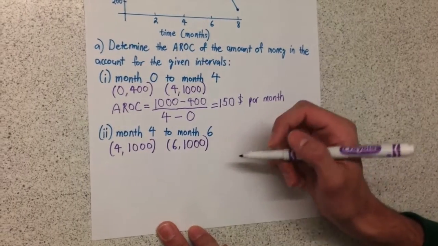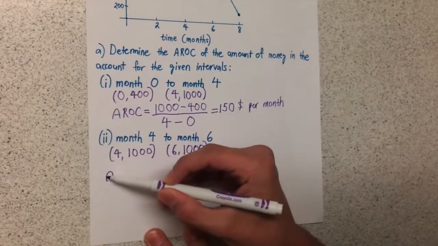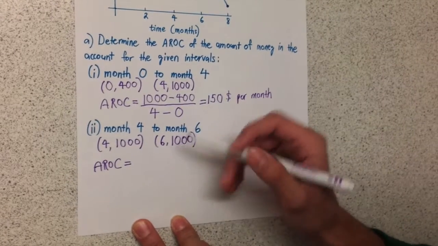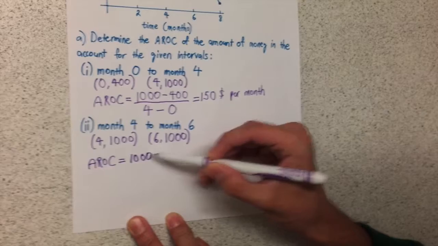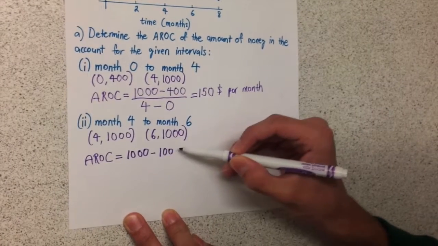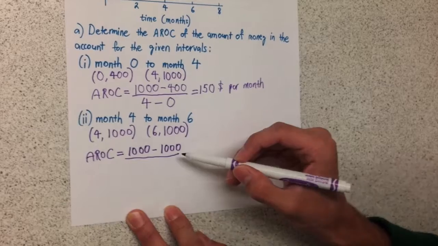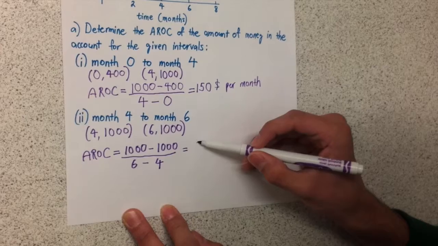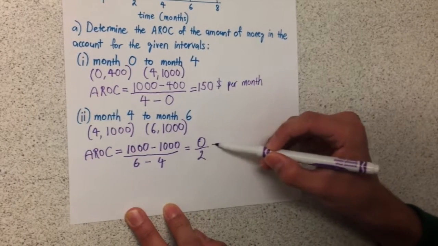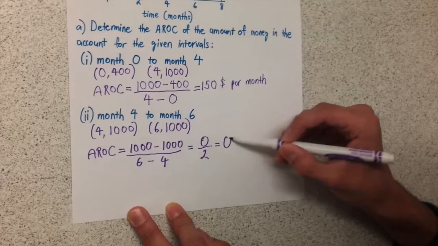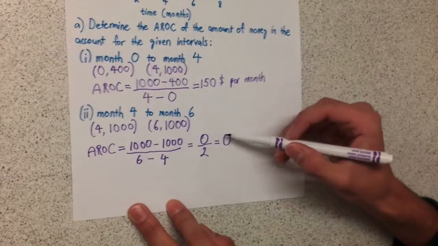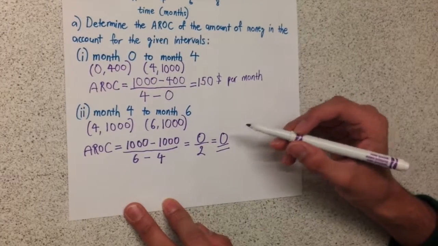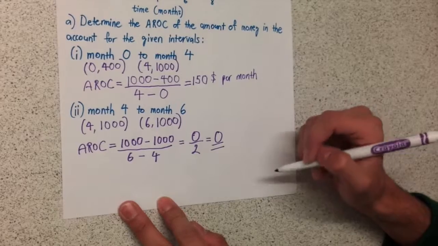Now we just have to use the equation for AROC, like before, which is equal to 1,000 minus 1,000 divided by 6 minus 4. 1,000 minus 1,000 is 0, 6 minus 4 is 2. So it is 0. Since the AROC is 0, no change occurs, so the amount of money remains the same in the account.